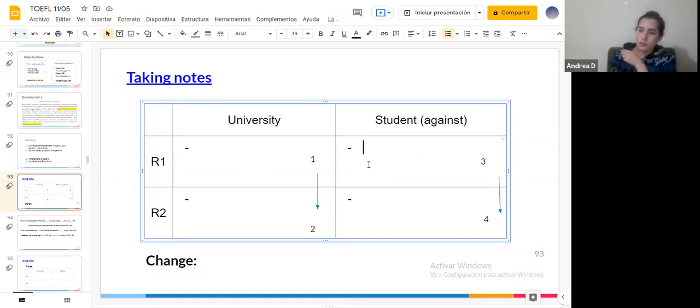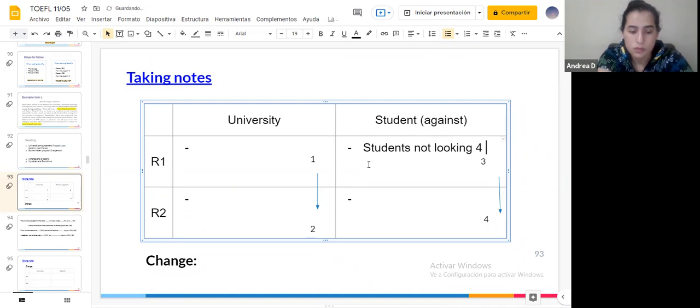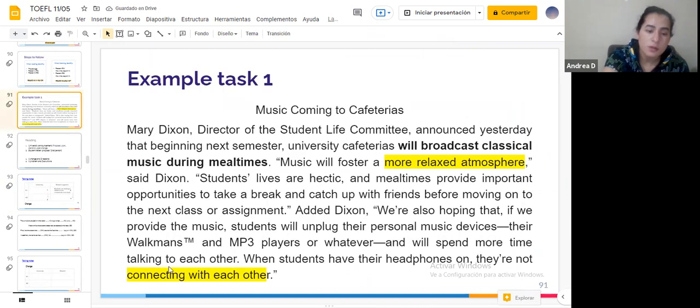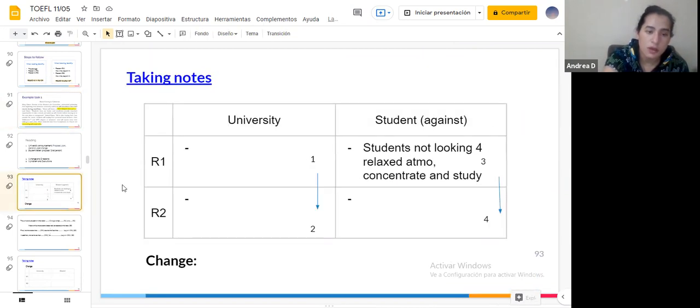He said that most students aren't looking for a relaxed atmosphere, but they need to concentrate more on their studies and their homework. Okay, so they want to concentrate and study, right? Yes. Okay, good. And what about the second one? Isn't connecting with each other a good plan?